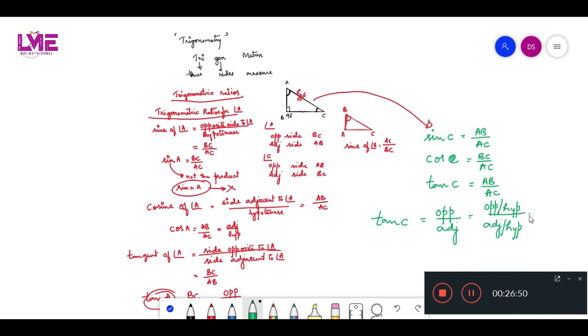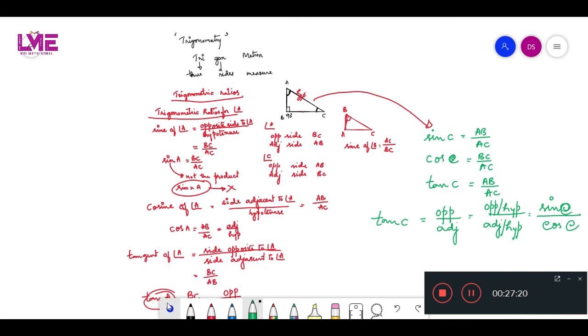This simplifies further as opposite by hypotenuse is sine, and since I've taken angle C, sine C divided by adjacent by hypotenuse, which is cos C. So tangent of any angle can be defined as sine of that angle divided by cosine of the same angle. We need to remember this also for calculation purposes.